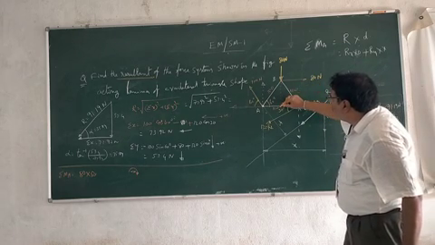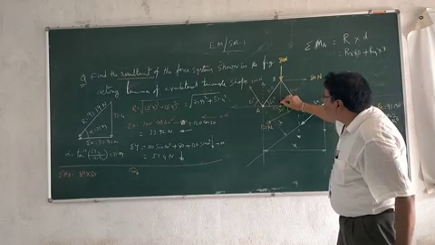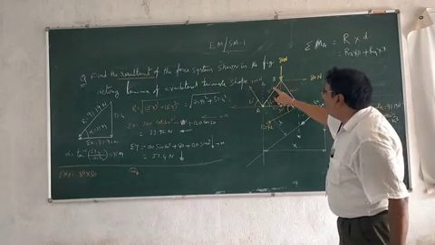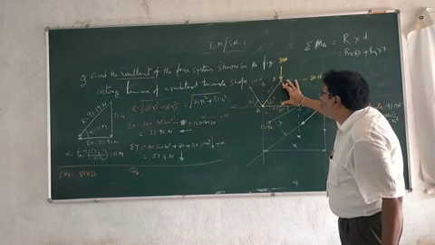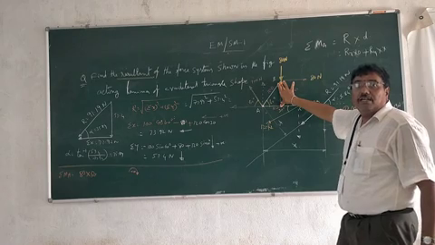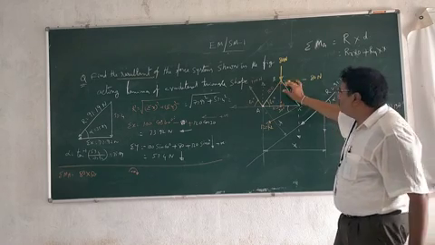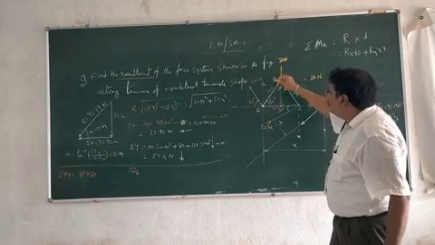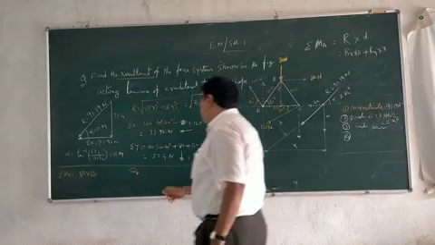That is, this is the distance. How much is this one? Tell me. 100. This is 100 sin 60, or 100 cos 30 degrees. Once you consider this as 30, 100 sin 60.